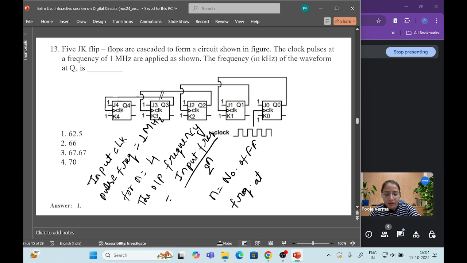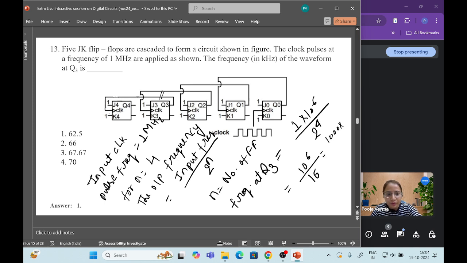Frequency at Q3 is equal to input frequency 1 megahertz divided by 2 to the power 4. That means 10 to the power 6 divided by 16, right? If you further solve it, you can write 1000 because we need it in kilohertz.